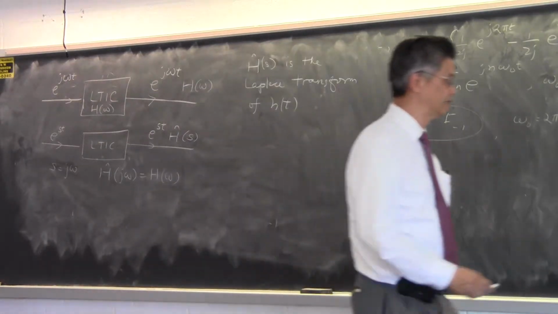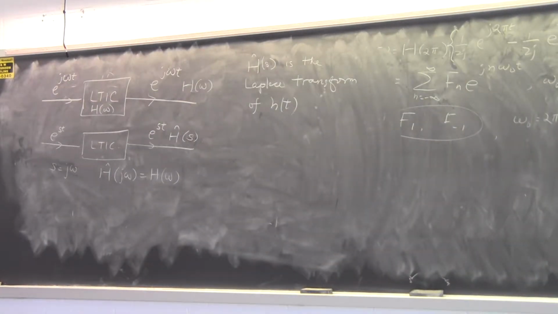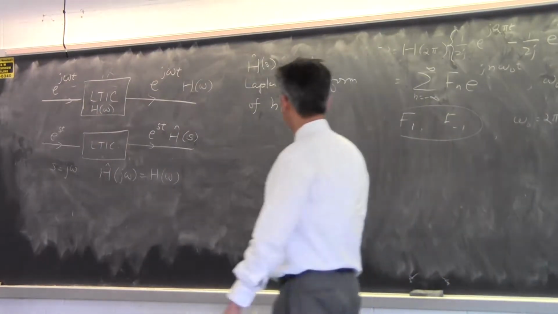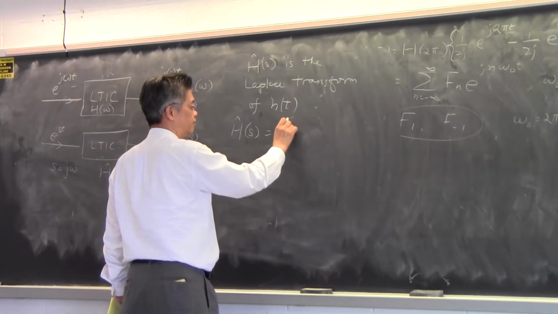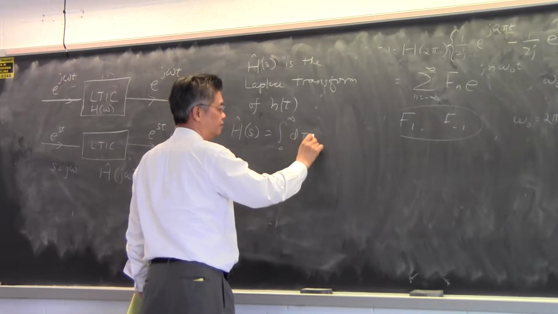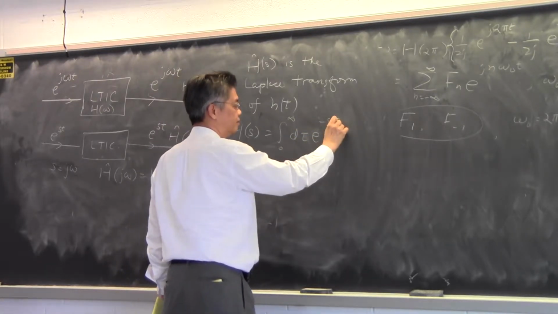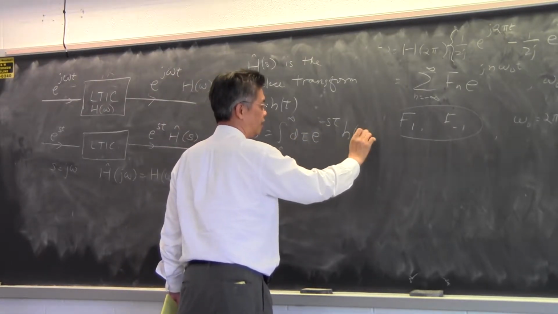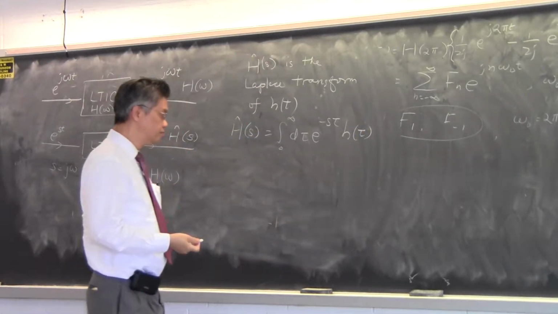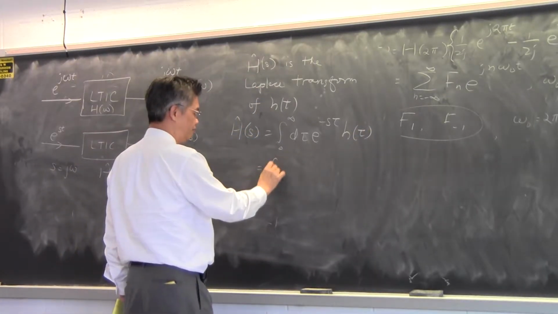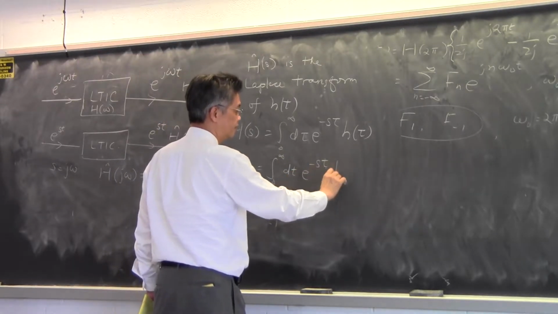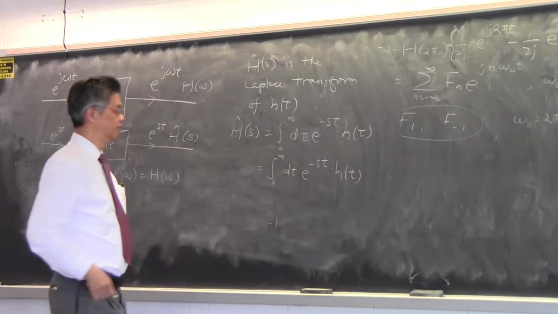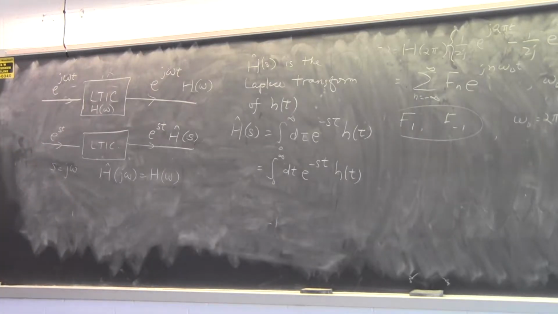Okay, it's just a generalization of the Fourier transform, and we have h hat of s defined as the integral from 0 to infinity d tau e to the minus s tau h of tau. Or you can also write it in a t variable if you want to, dt e to the minus st h of t. So this is the generalization of Fourier transform.